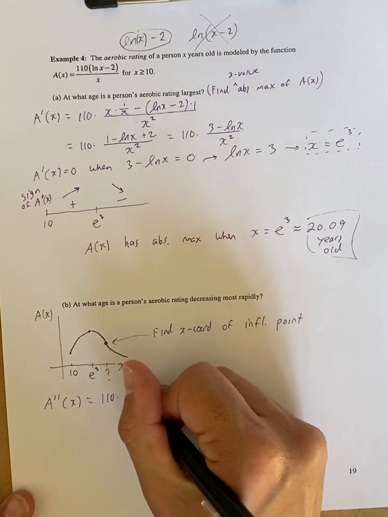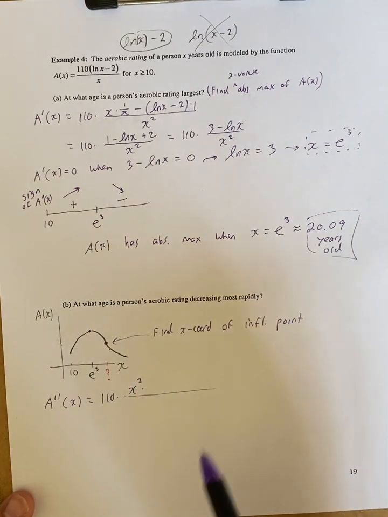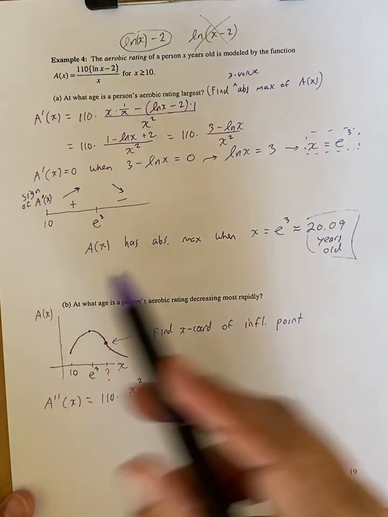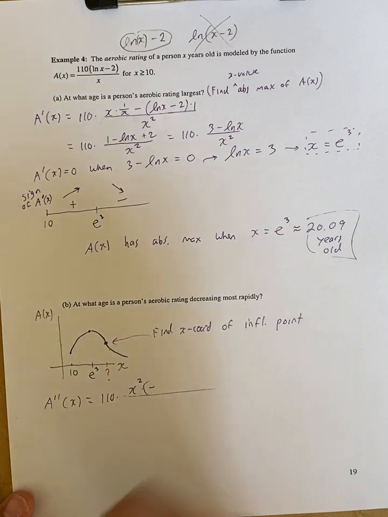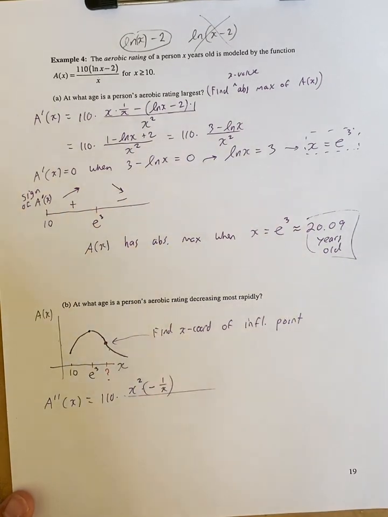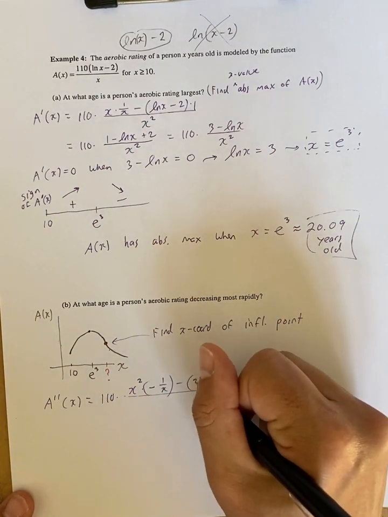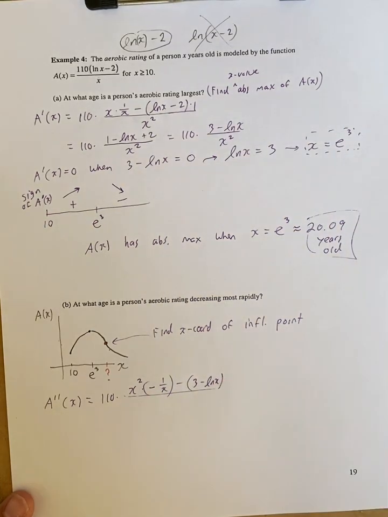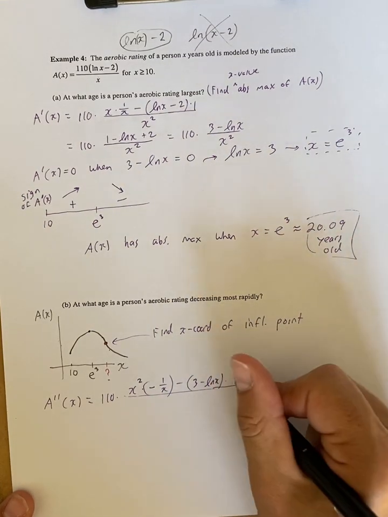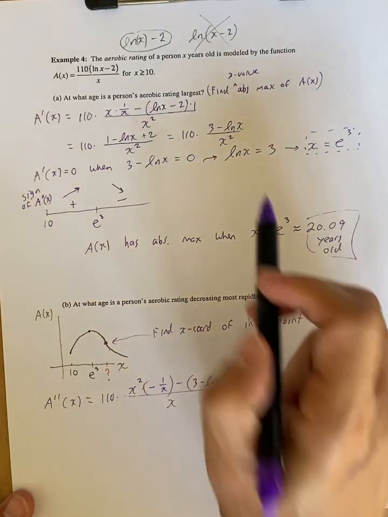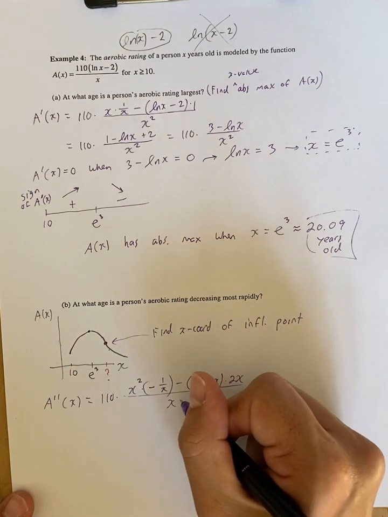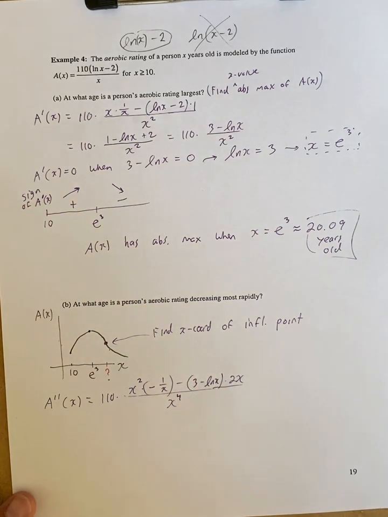So that's the bottom function, that's x squared, times the derivative of the top. The derivative of 3 is 0. I've got that negative, and then the derivative of ln x is 1 over x, minus the top, times the derivative of the bottom. The derivative of x squared is 2x, all over the square of the denominator. The denominator is already x squared, and when you square that, you get x to the fourth.